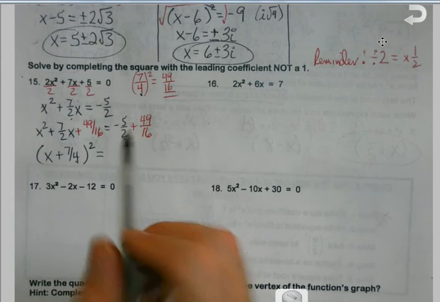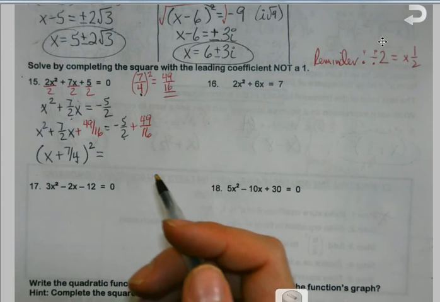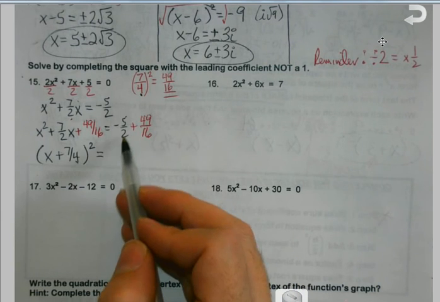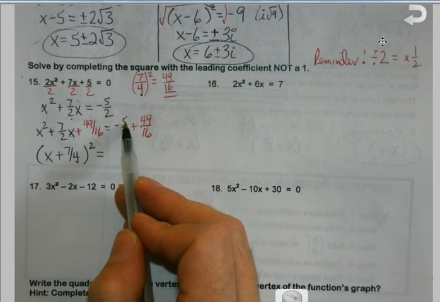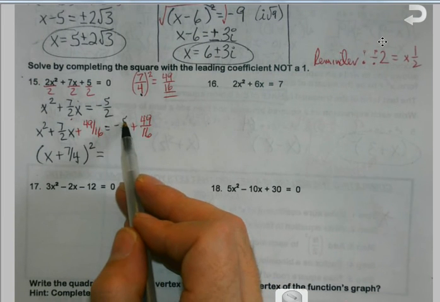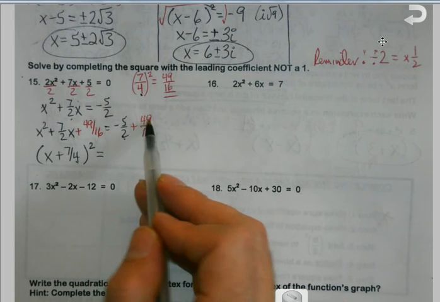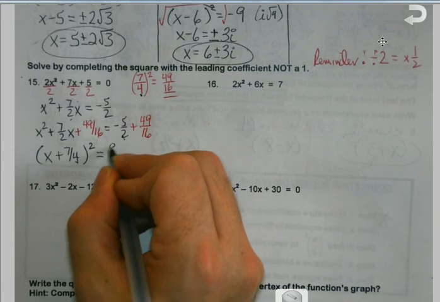If you're good with your fractions, which I'm assuming most of you are, you just know that I multiply 2 times 8 to get to 16. So this is really -40, because that's what -5 times 8 is. So -40 plus 49 would be 9.